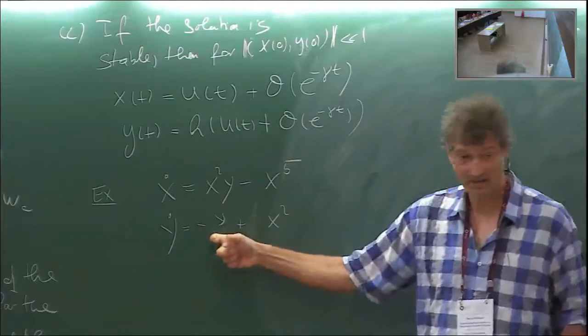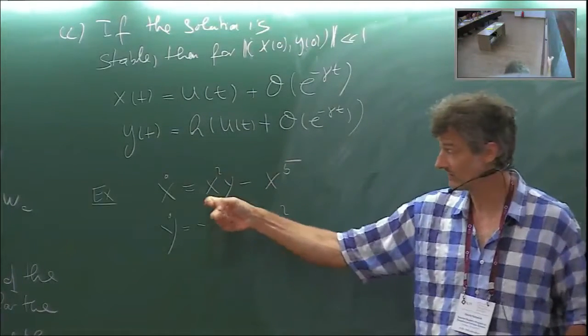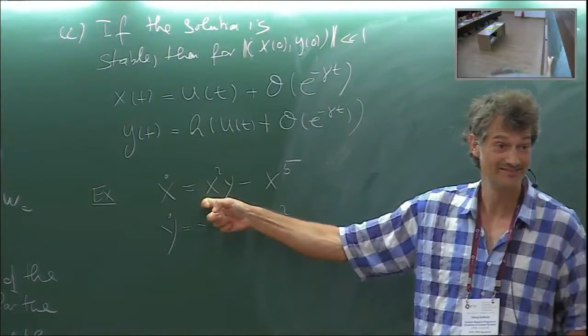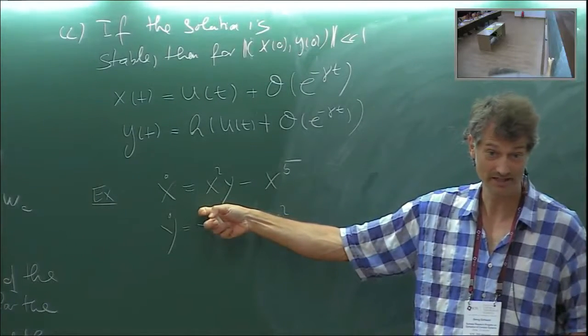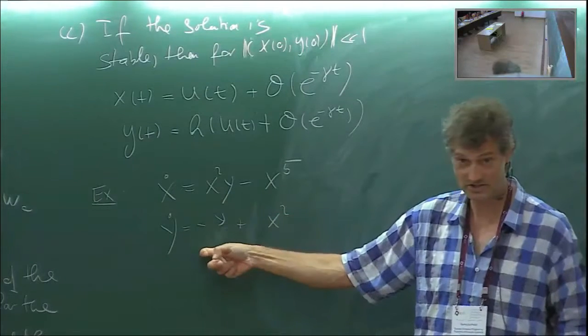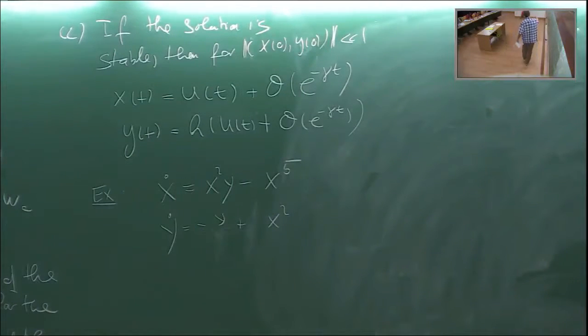Here lambda is -1, strictly bounded away from 0, which is the eigenvalue here. This is already in diagonal form, so we know what the eigenvalues are: 0 here. So this is in the form of the systems we are looking at.